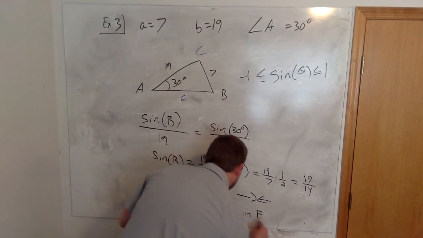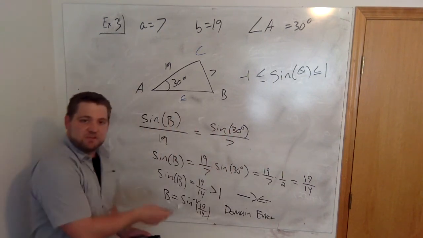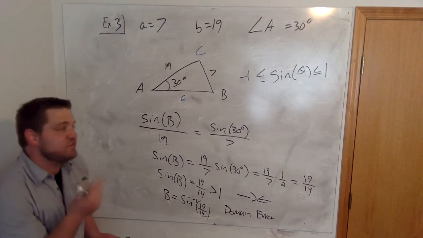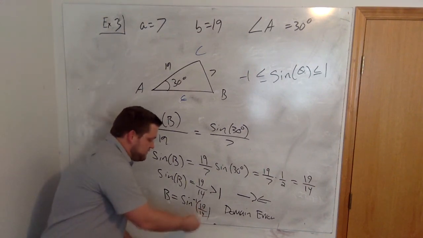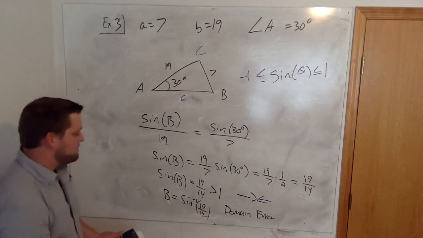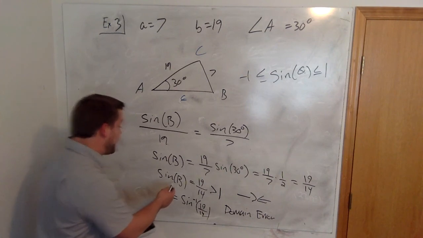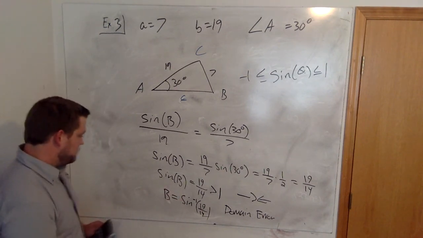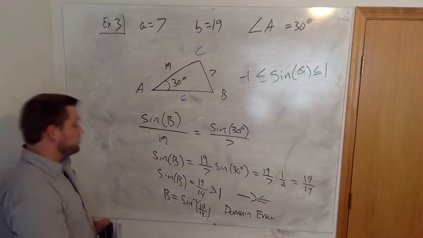Your calculator's going beep, beep, beep. This is impossible. Sine inverse only eats numbers between -1 and 1, so 19/14 is outside the domain of sine inverse. Of course it's going to give you an error. Sine can only spit out things between -1 and 1, so sine inverse can only eat things between -1 and 1.